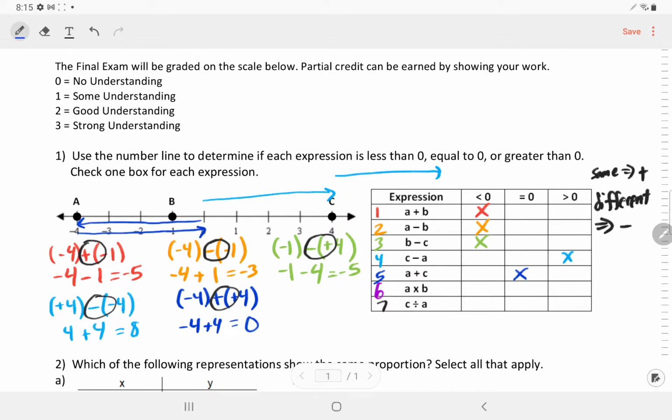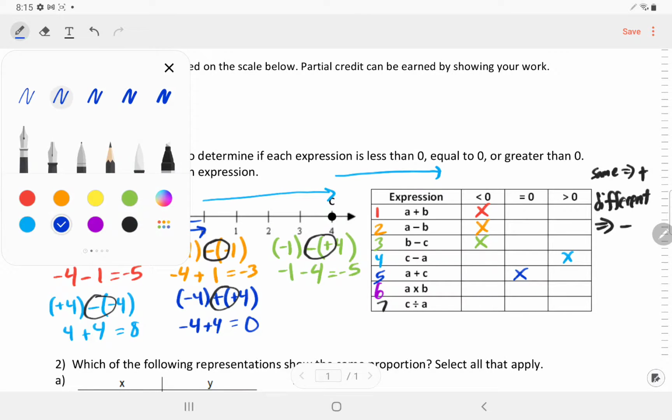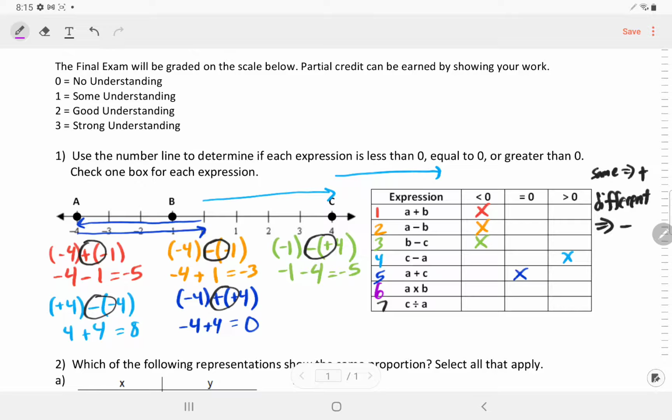Next one is a times b. So a, in this case, is negative 4 times b, which is negative 1.